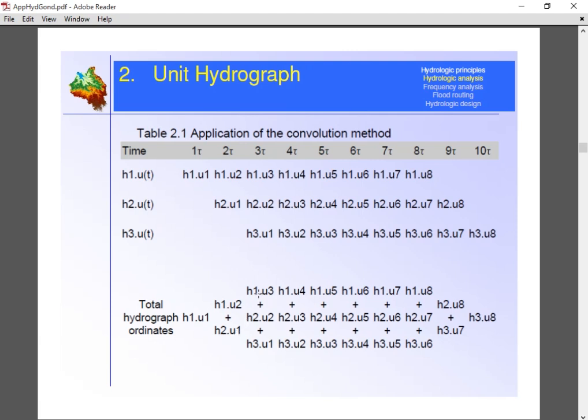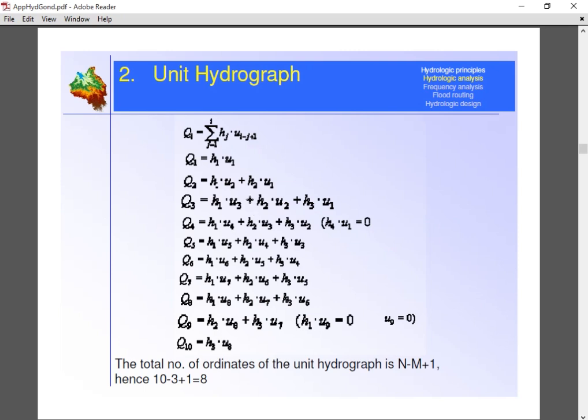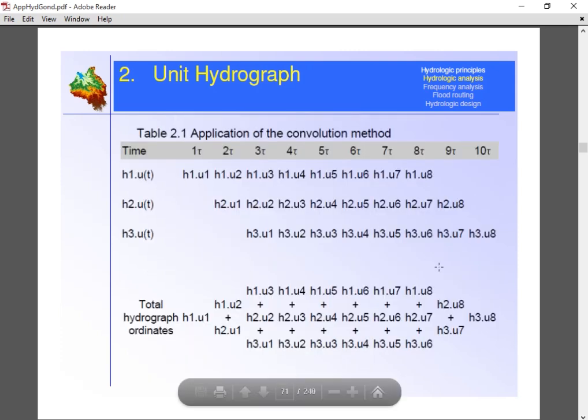The third, Q3, is H1 times U3 plus H2 times U2 plus H3 times U1. In such a way, you can have these values. And finally, for Q10, it depends on your work; it is H3 times U8.